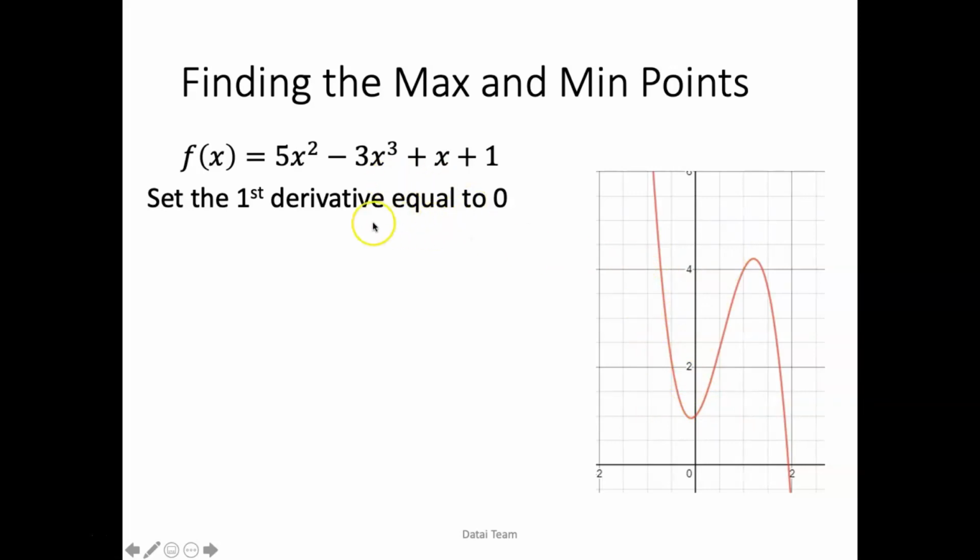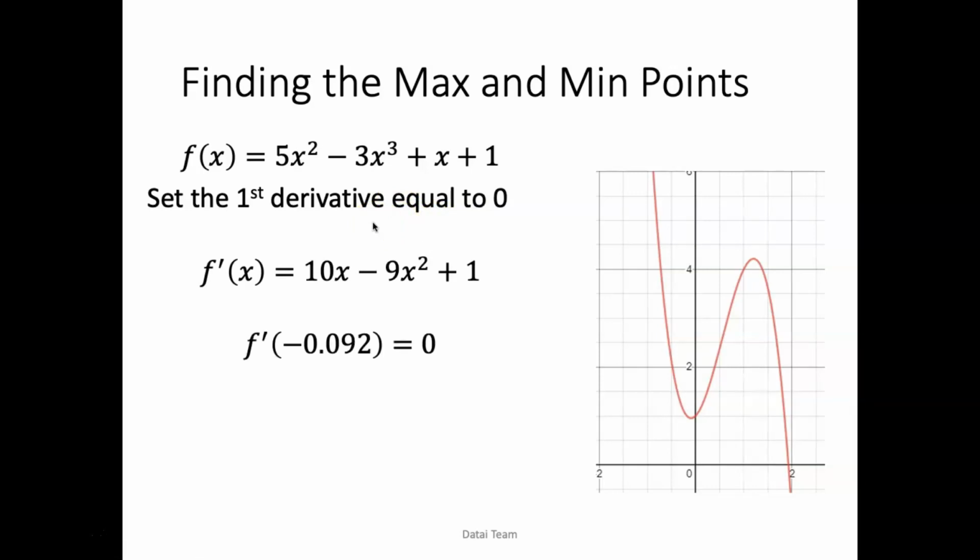This is why we set the first derivative equal to 0. Then we get 10x minus 9x squared plus 1 equals 0. And then the x values that satisfy this are negative 0.092 and 1.203. This is the one here, and this is the one here.